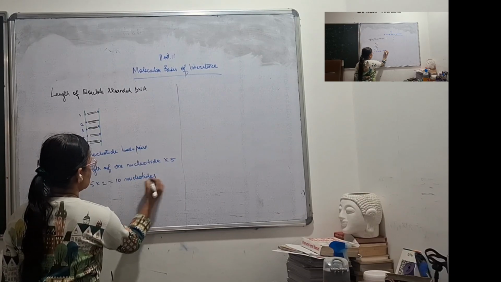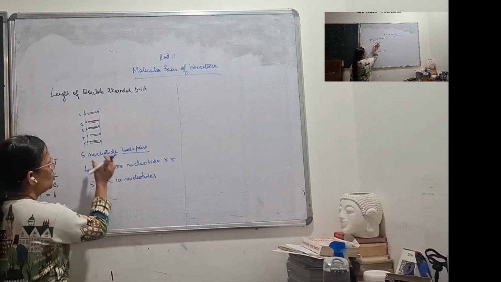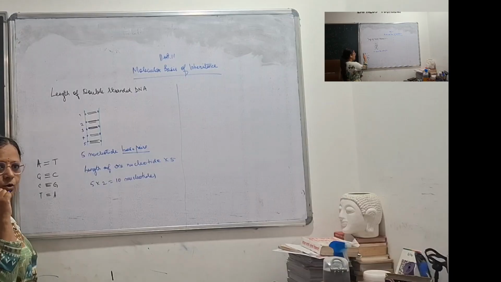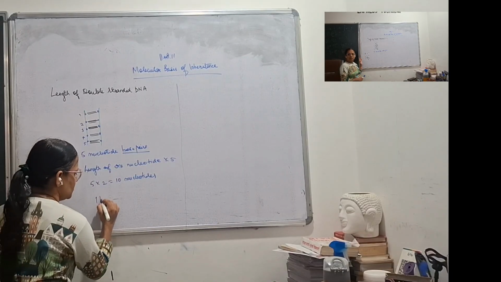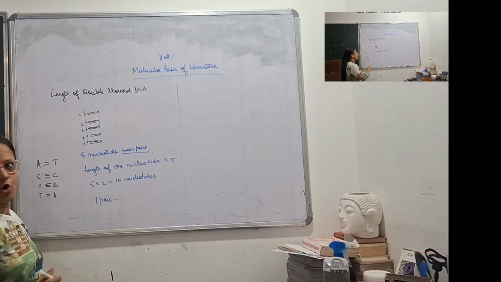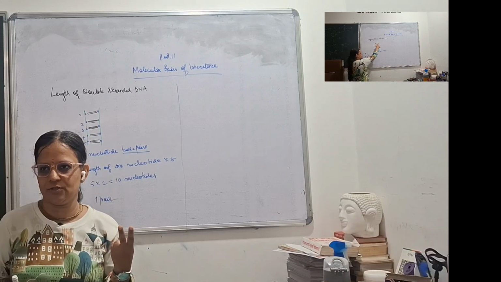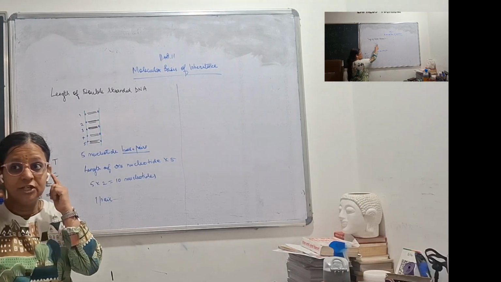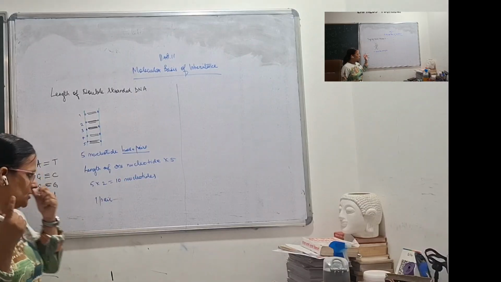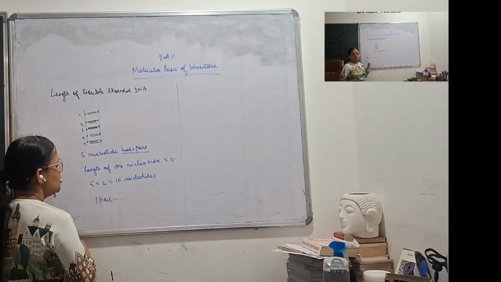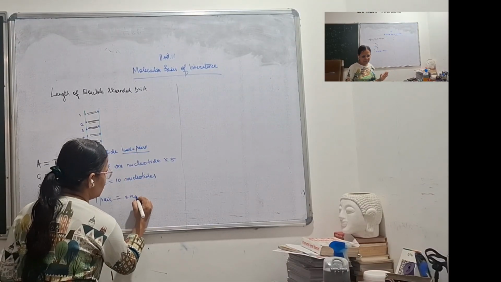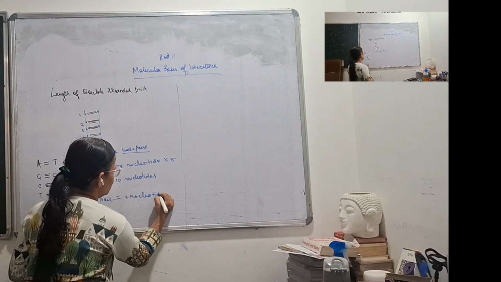So when I say base pairs, that means you have 2 nucleotides in one pair, isn't it? How do we say pair of socks? When I say pair of socks, meaning I have 2 socks, isn't it? I have a pair of earbuds, that means 2 earbuds. When I say base pairs, meaning each pair is having how many nucleotides? 2 nucleotides.